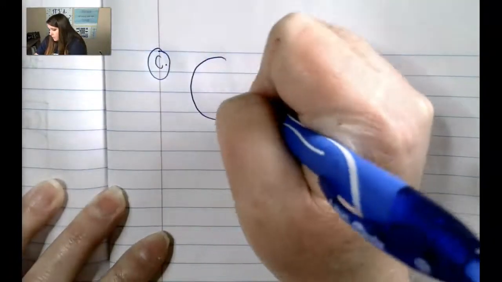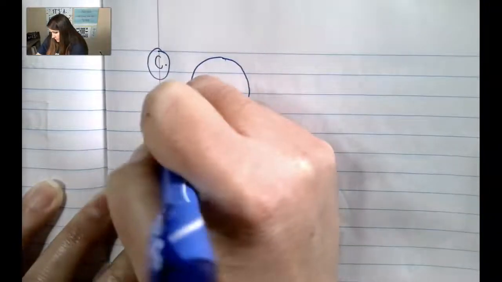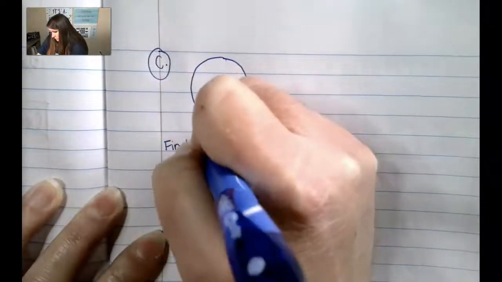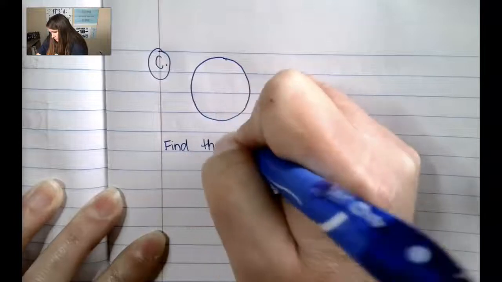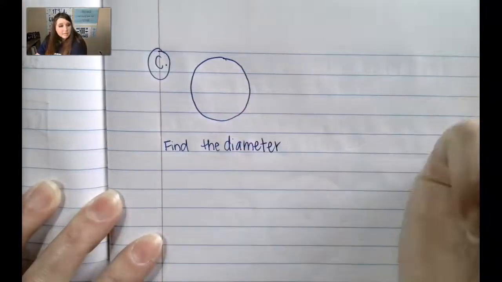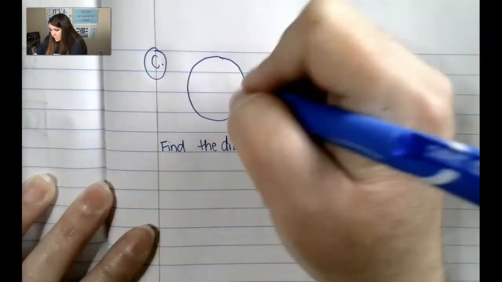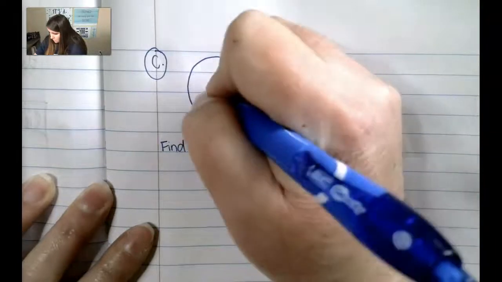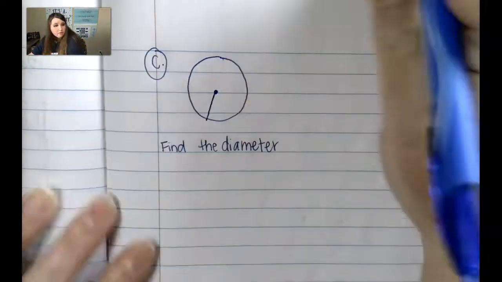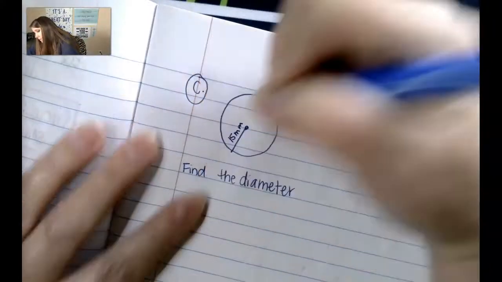So we have a circle, and this circle wants you to find the diameter when you are given a radius of 15 millimeters.